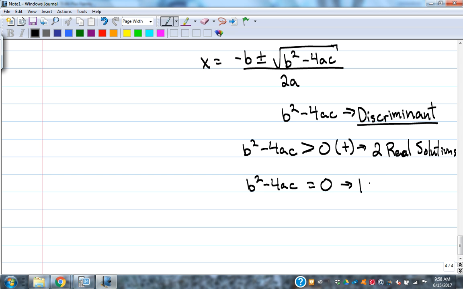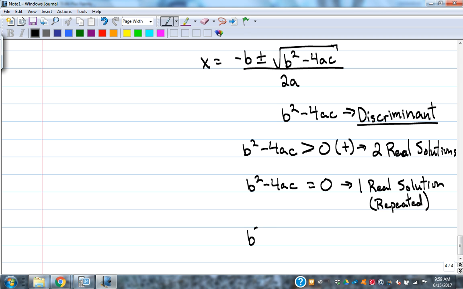That means we have one real solution. Remember at the beginning I said the degree was 2 and you would have two answers. That's the case where you have the same answer twice. It's repeated is what that's called. But it's one real number that we get as an answer if b squared minus 4ac is equal to 0.